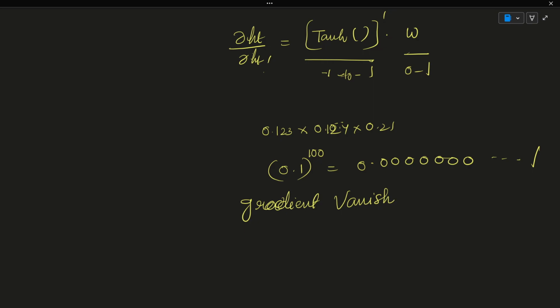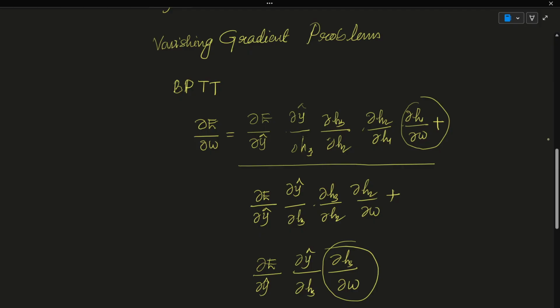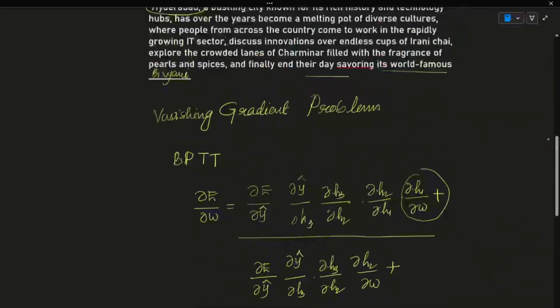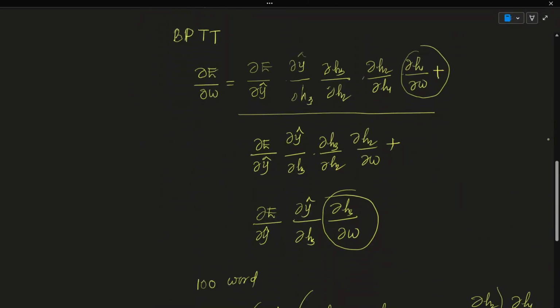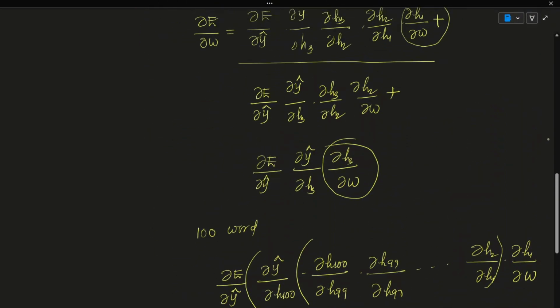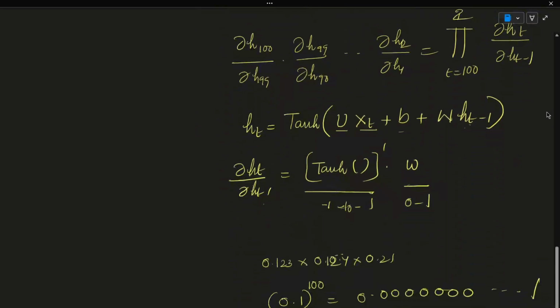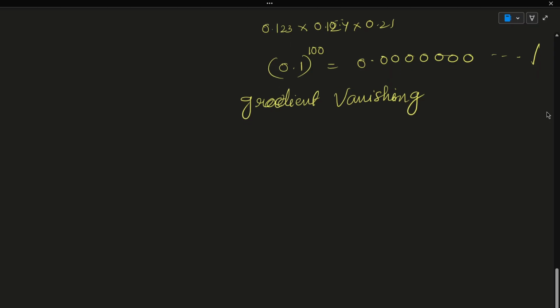It is becoming infinitesimally small. This is what we call the vanishing gradient problem. Your prediction or output y cap depends only on the previous h100 but not on h1. This is the long-term dependencies problem, or vanishing gradient problem.